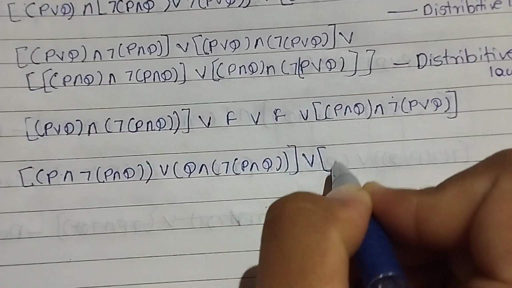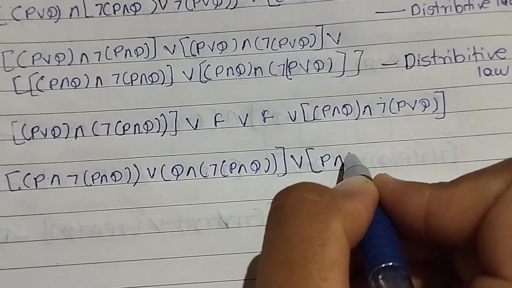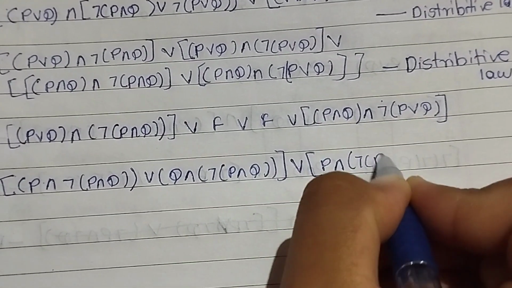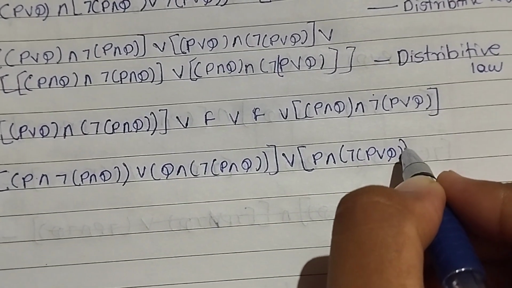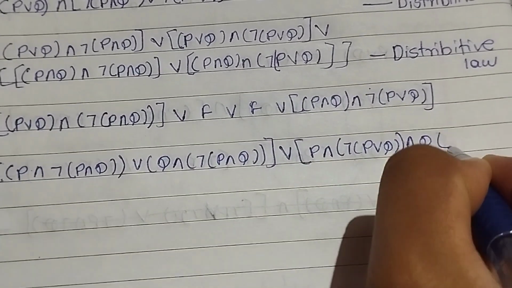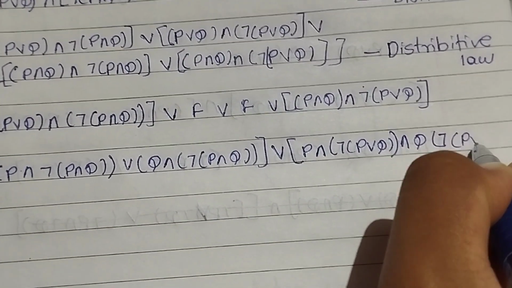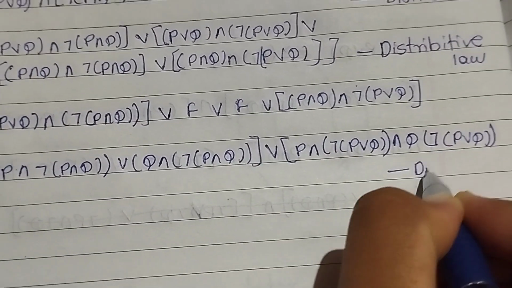Or P and negation (P or Q) and Q negation of (P or Q). Here we use distributive law.